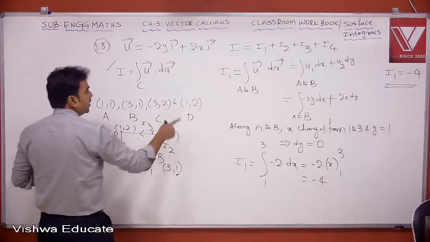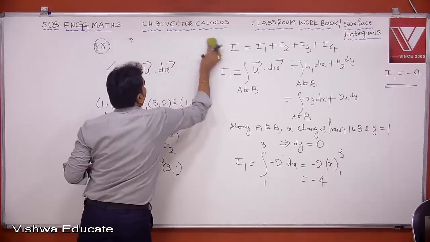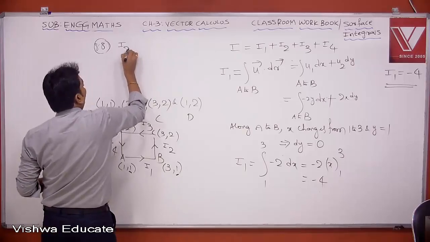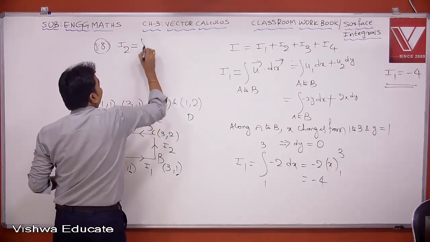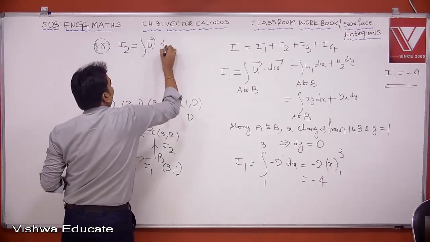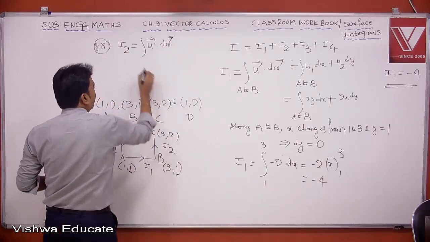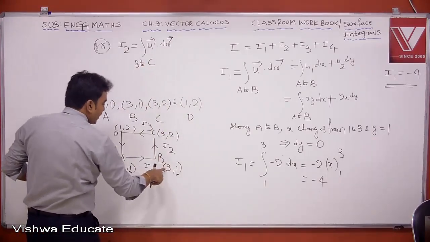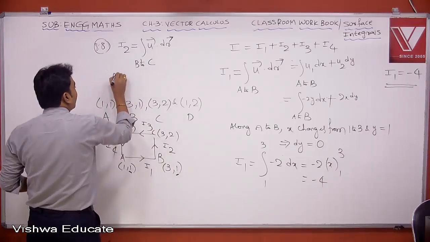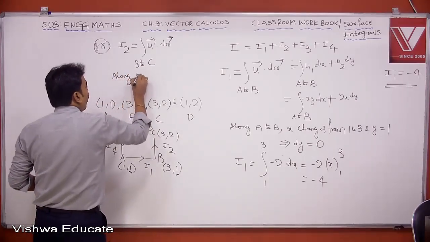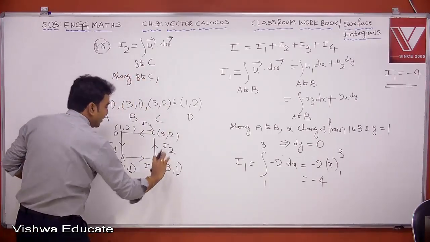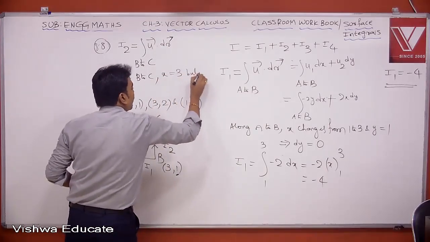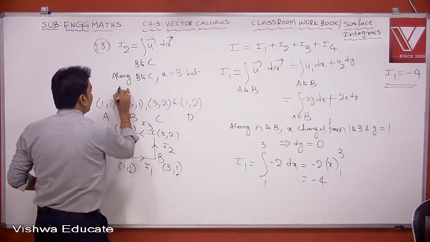Now let us find the second integral I2. So here I2 is integral U bar dot dr bar from B to C. Now along B to C, the value of x is 3, but y varies from 1 to 2.